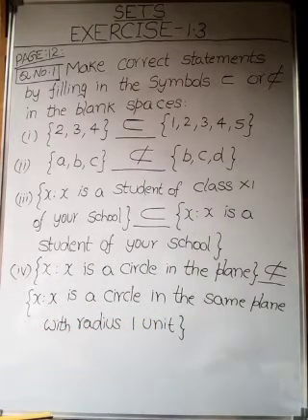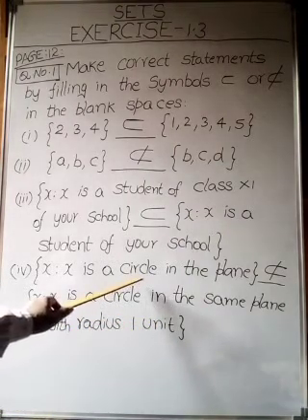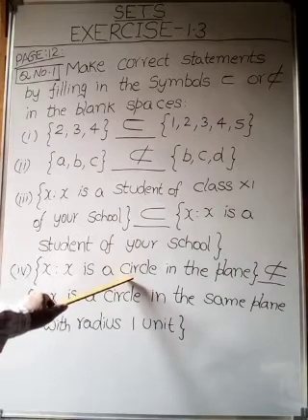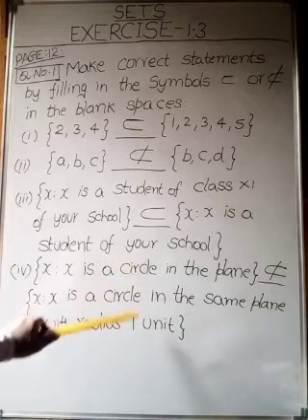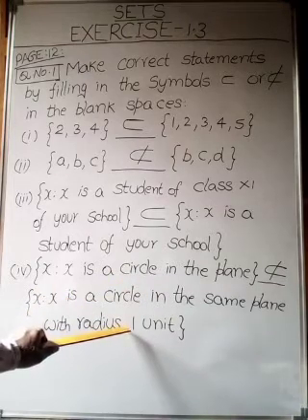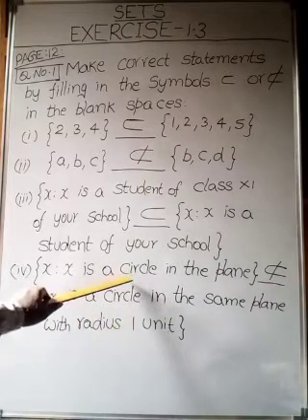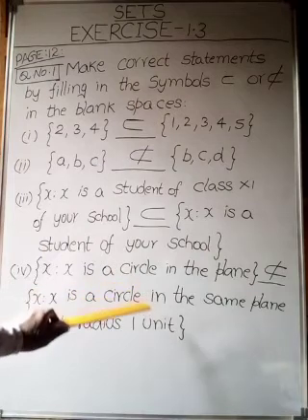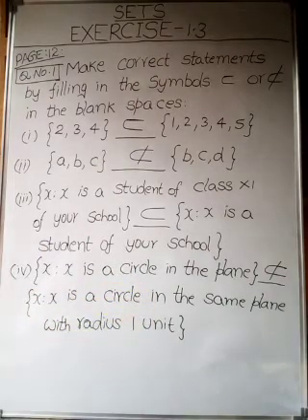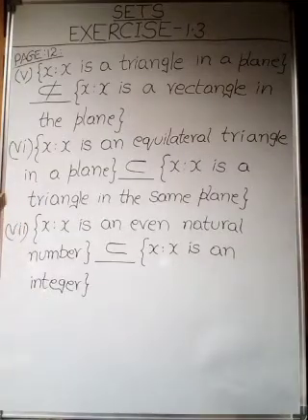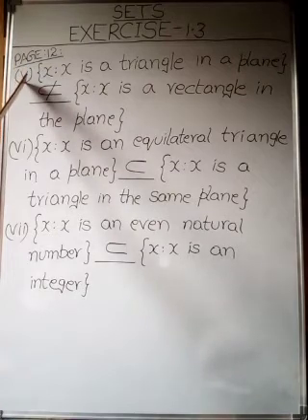No, because here there are different circles with different radii, but here only 1 unit circles are given. So this is not a subset of the second set. Is it clear, my dear children? Right. Now come to the next question, that is question number 5.